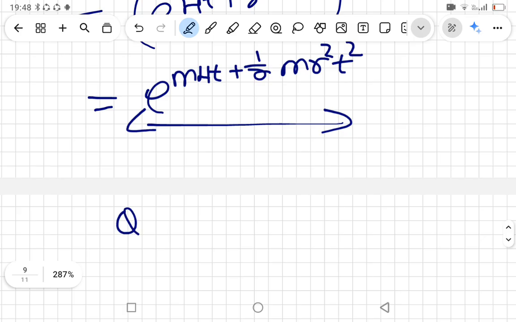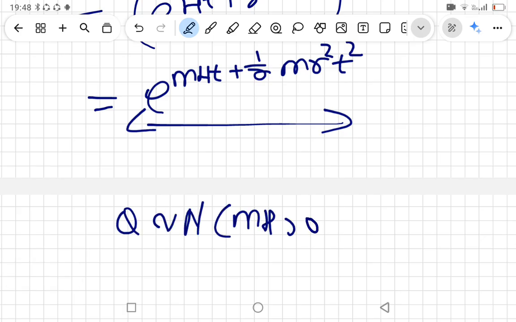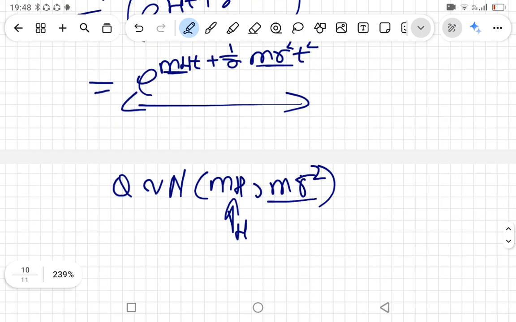So Q is normally distributed with mean M mu, and this is your variance in this case.